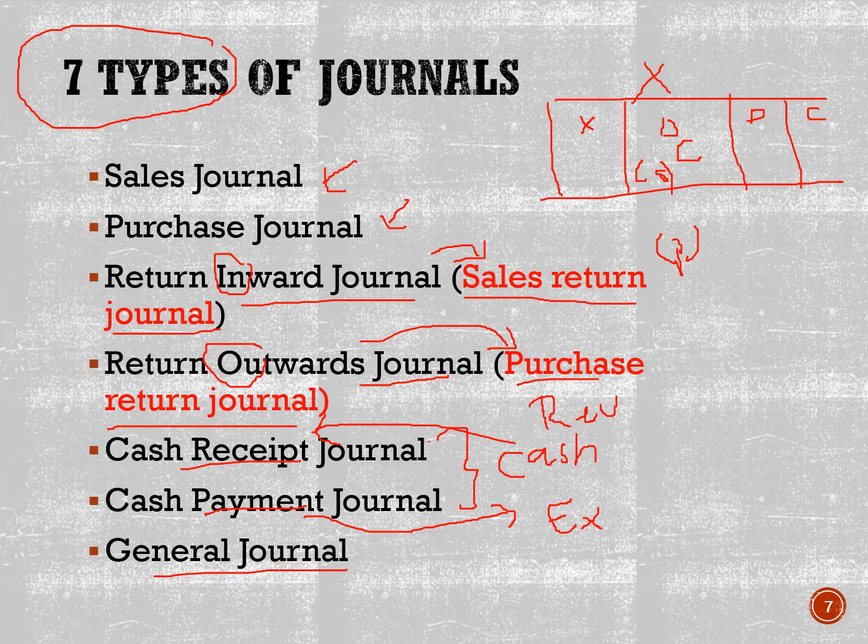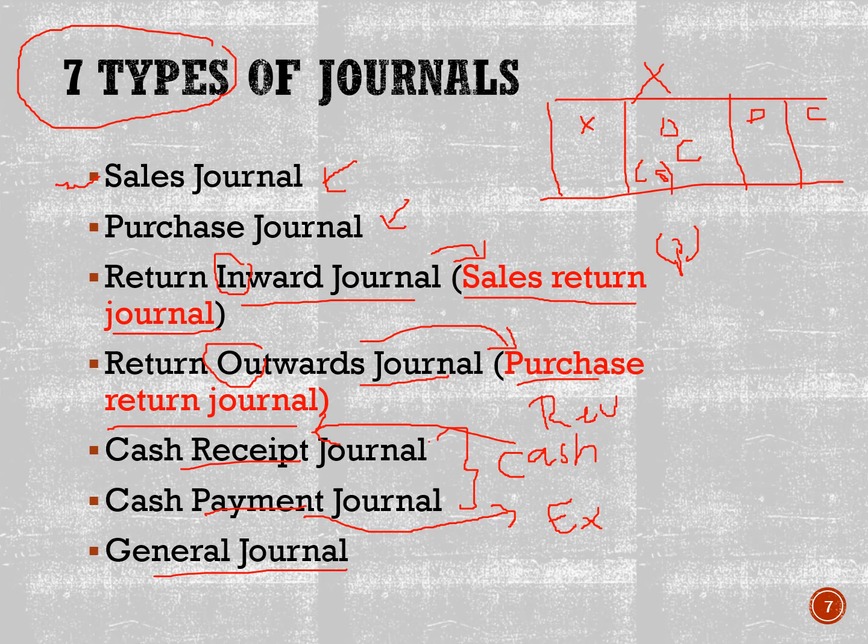So contohnya kita beli bangunan, senang. So for example kita beli bangunan and then debit building, credit cash. Contoh lah kita bayar pakai cash kan. So itu sebab tak terlibat langsung. Sales journal bermaksud yang terlibat dalam kita punya inventory.